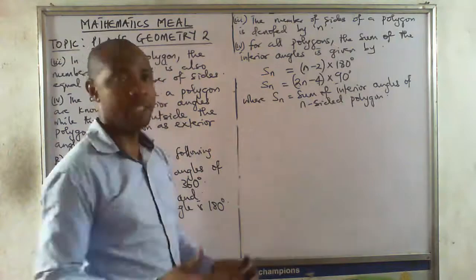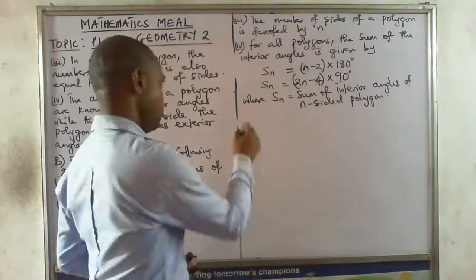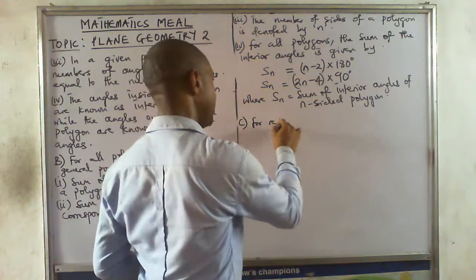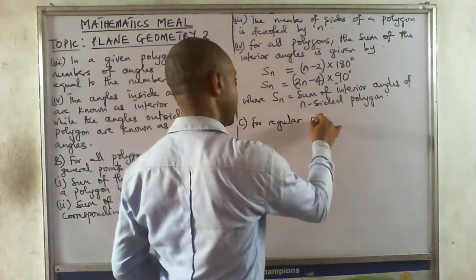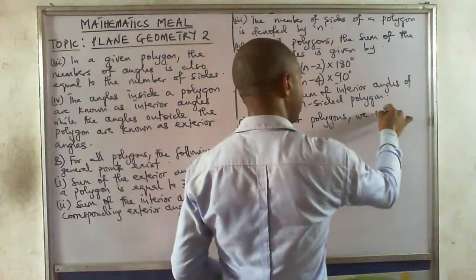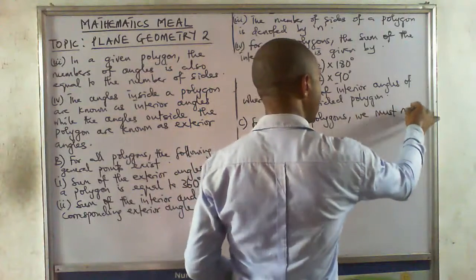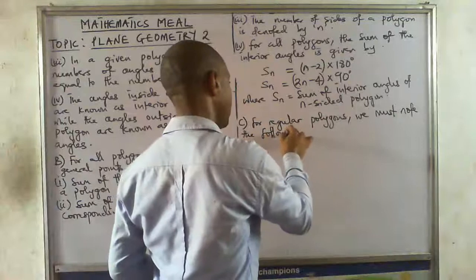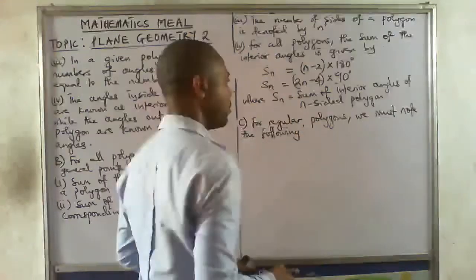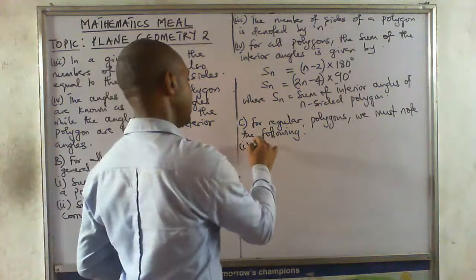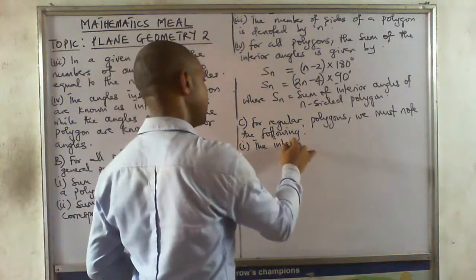Now we move to point C, for regular polygons. We must note the following for regular polygons. 1.